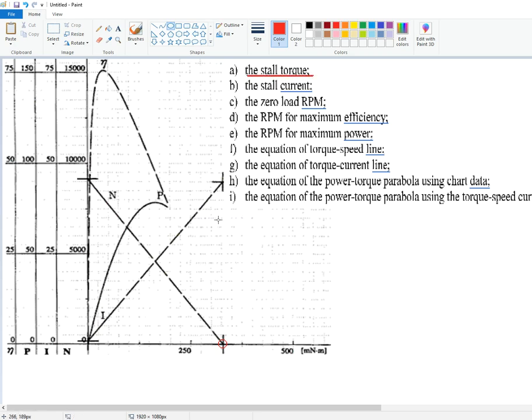The stall current, you read it on the current axis, the second. So you move from here. That was supposed to be a line. Okay, so stall current would be this value.